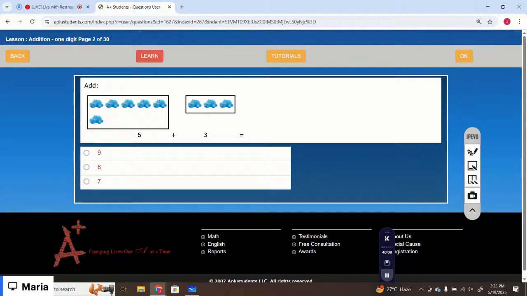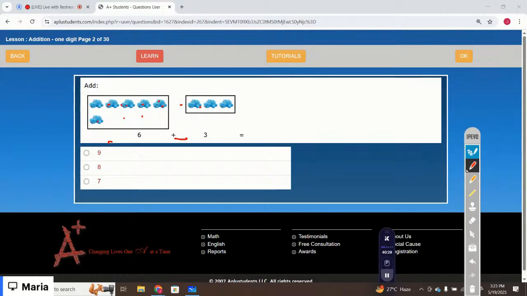The next one is 6 plus 3. So let's just count them together. 1, 2, 3, 4, 5, 6, 7, 8, and 9.